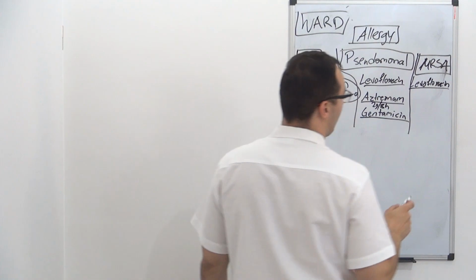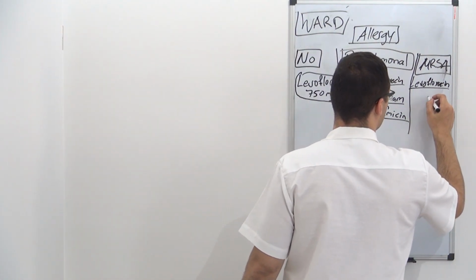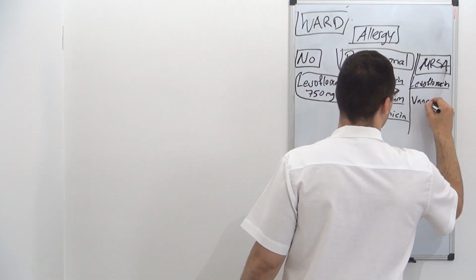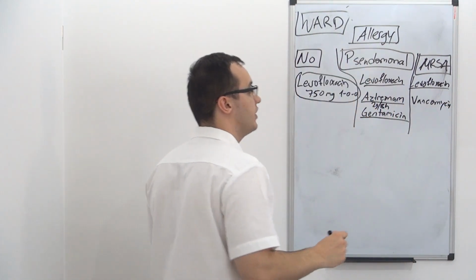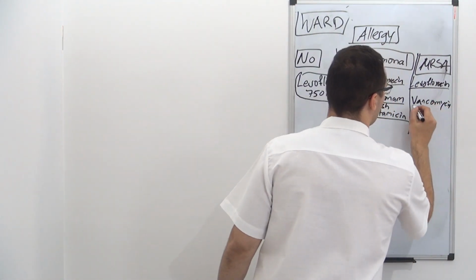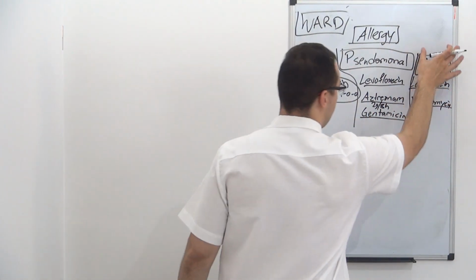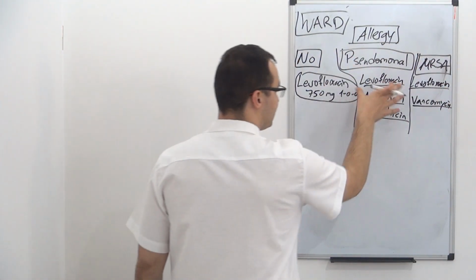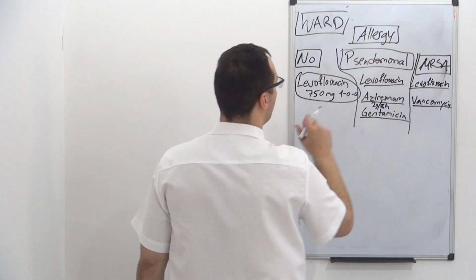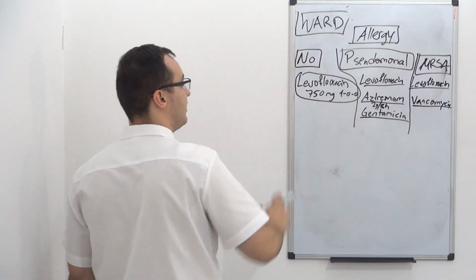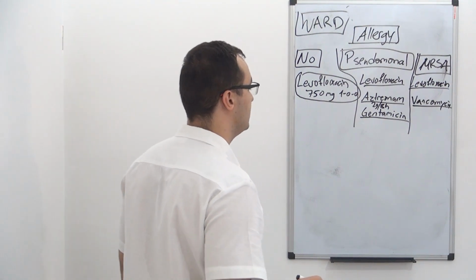Here I need to add vancomycin. Okay? That is attacking MRSA. For pseudomonal, Aztreonam and gentamicin are attacking pseudomonal. And for no pseudomonal and no MRSA, we have only levofloxacin. Okay?